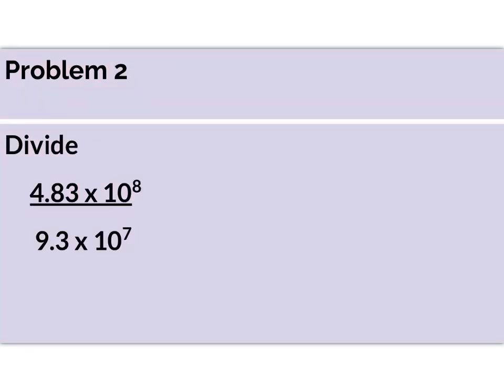Okay, again. 4.83 second comma 8 divided by 9.3 second comma 7 will give us a bunch of numbers. 5.193548387.